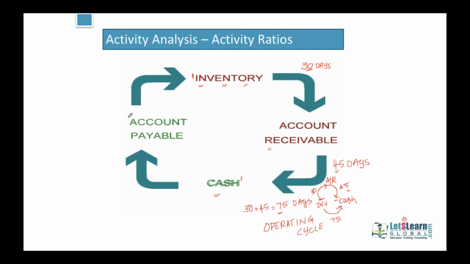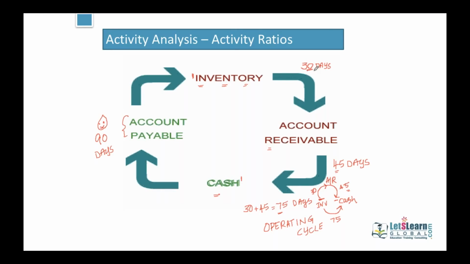But what about accounts payable or the supplier? Our supplier sold goods to us, and we have to make him happy by paying on time. This money has to be collected from selling the inventory and collecting from receivables, and then you pay him on time. Say for example, he gives you a 90 days credit period. Are you able to pay him in 90 days? Yes.